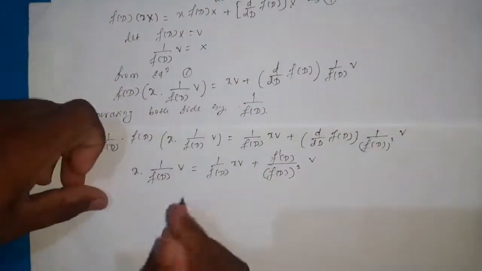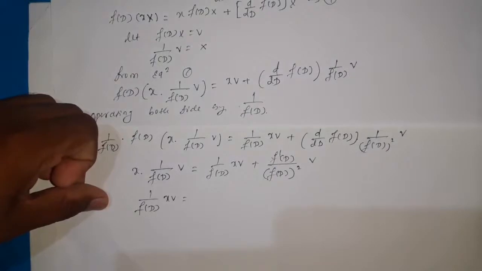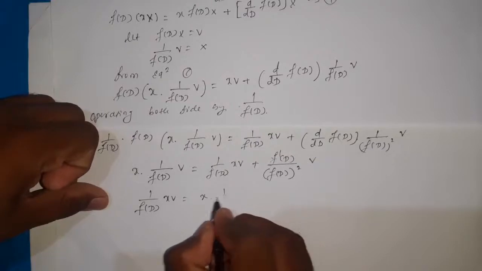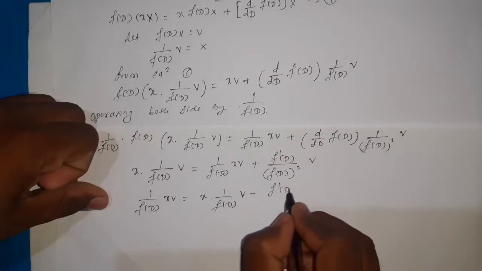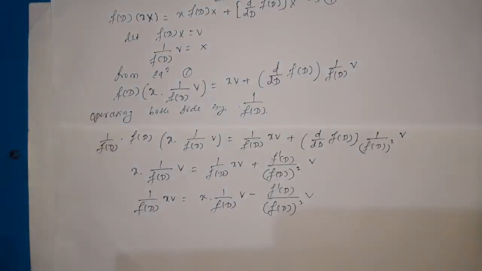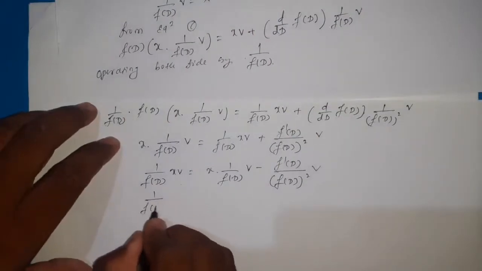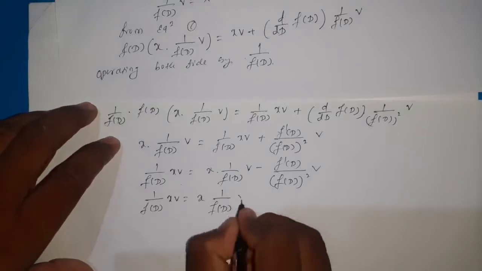Then 1 by f of D into xV is equal to x into 1 by f of D into V minus f dash of D divided by f of D whole square into V. We are shifting this term to the LHS. Then 1 by f of D xV is equal to x into 1 by f of D into V minus f dash of D by f of D whole square into V.